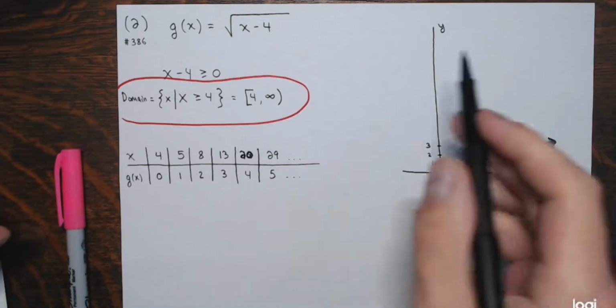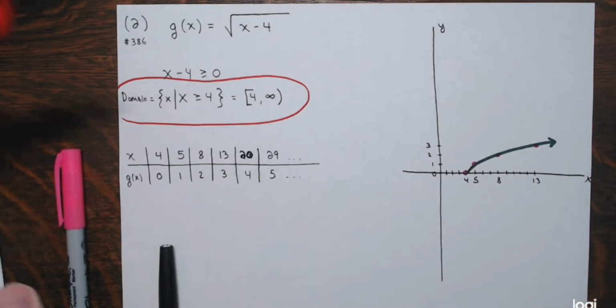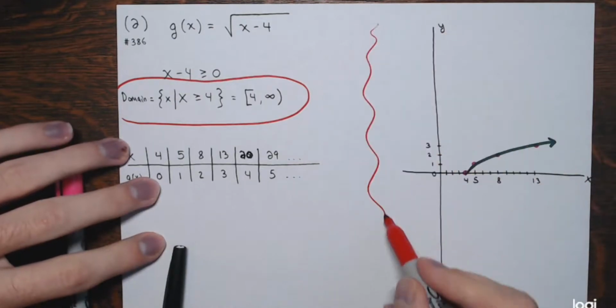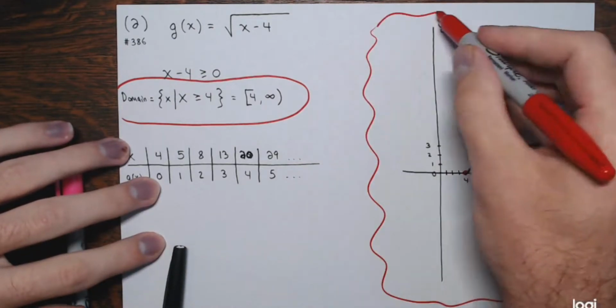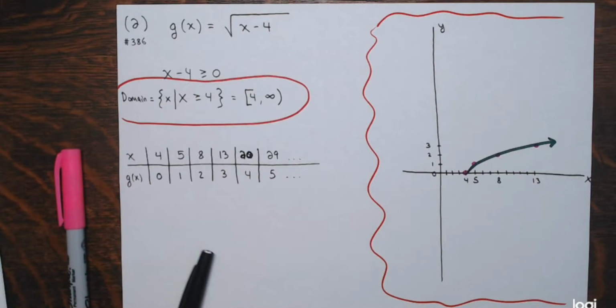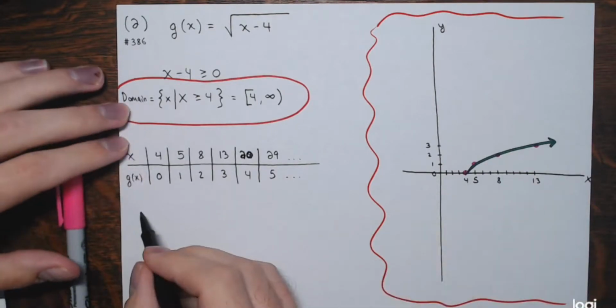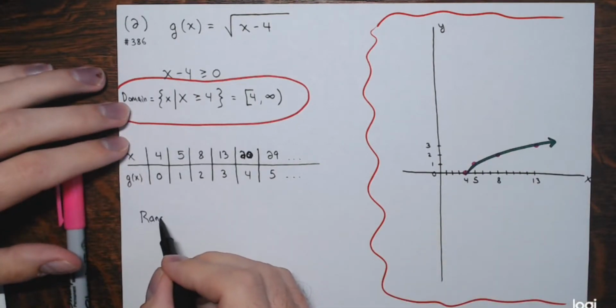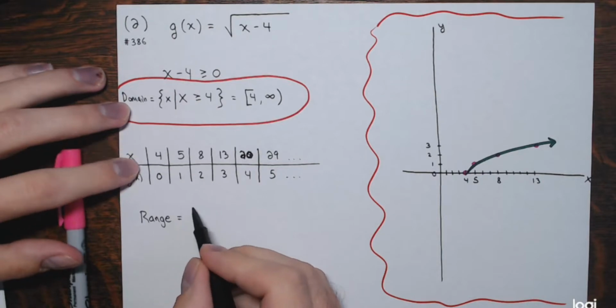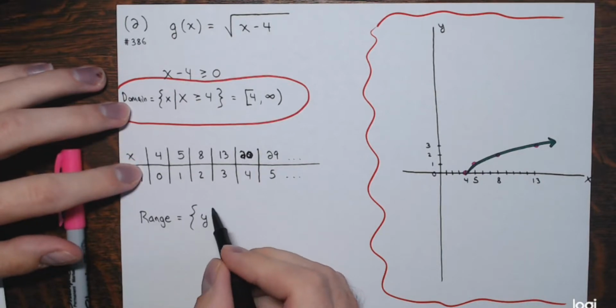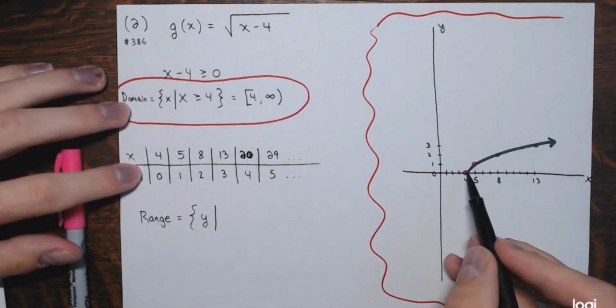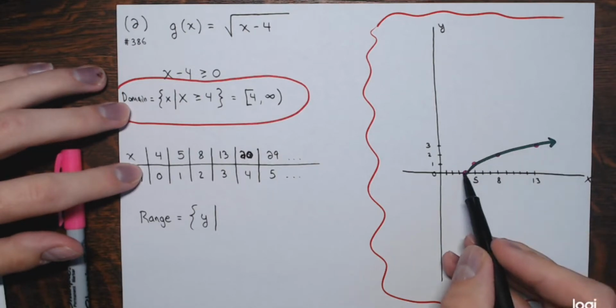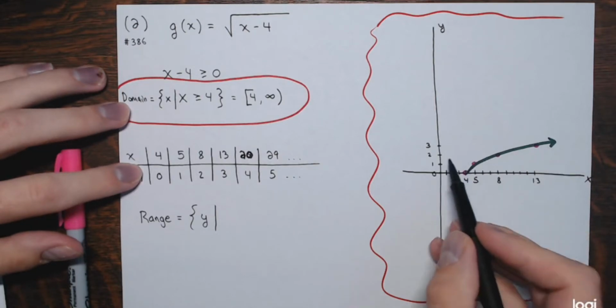So there's the graph. Right. Cool. And then from the graph, we determine the range, which again, I'll just say it's all y values such that, and looking at the points of the graph, and then the y-axis, what numbers do they line up with on the y-axis?